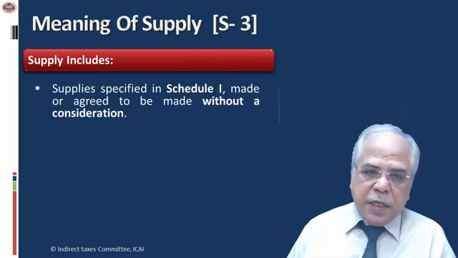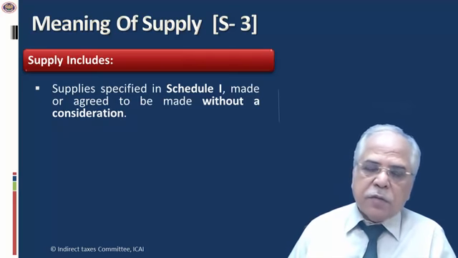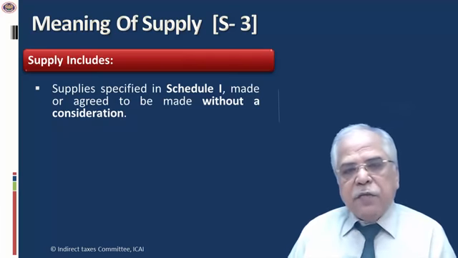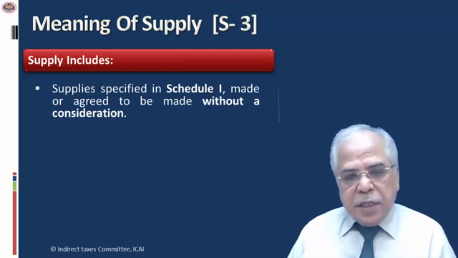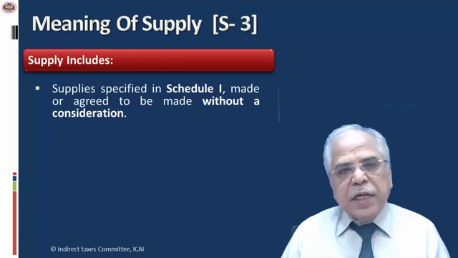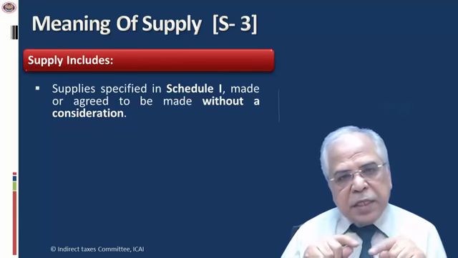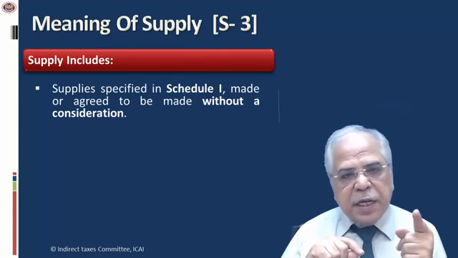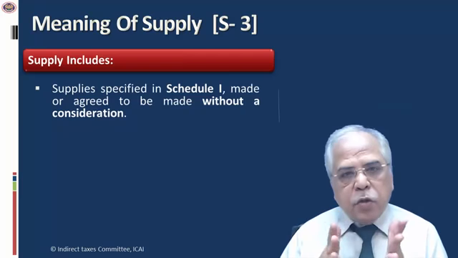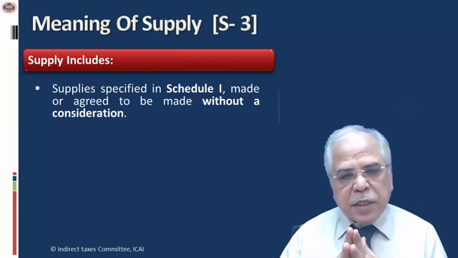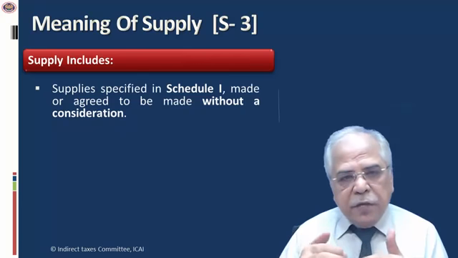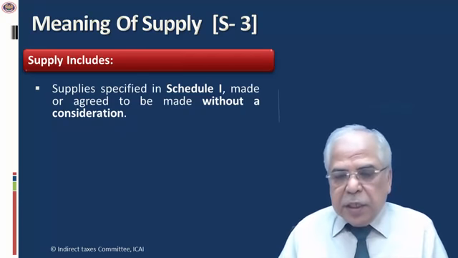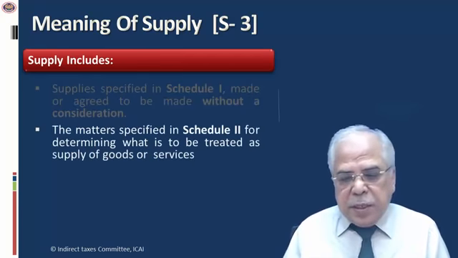Unlike the present definition under excise laws, VAT or service tax, where the transaction has to be for a consideration, in this GST they have created a particular class which is against the general principle. As I was reading earlier in the previous slide, I told you all supplies are for a consideration. But as an exception, they say that these transactions, even if they are without consideration, shall be subject to GST.